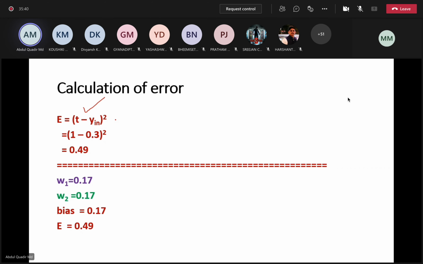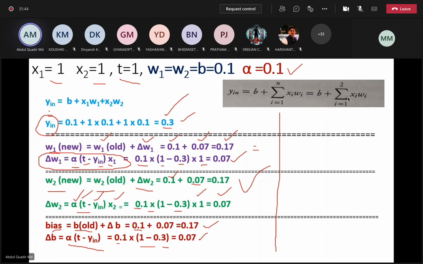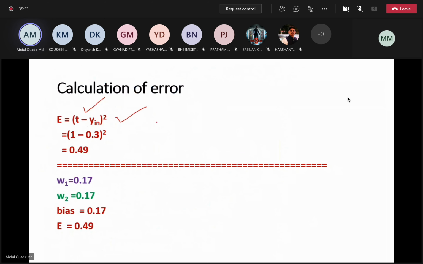So T minus Y in, the whole squared. What is T? T is 1, the same as before, and Y in is 0.3. The whole square gives us the error.